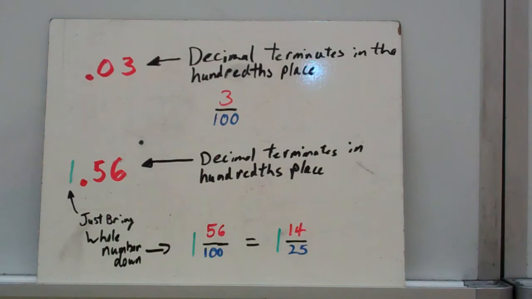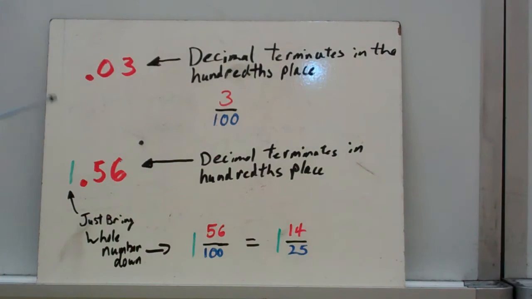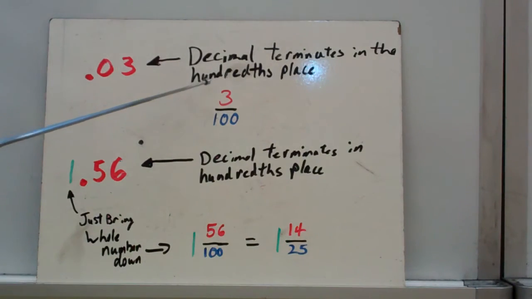It still terminates in the hundredths place. So 100 is going to go in the denominator, and then we will remove the decimal point and put the 3 in the numerator. You could put 03 if you like, that's fine, but the final result for that one would be 3/100.